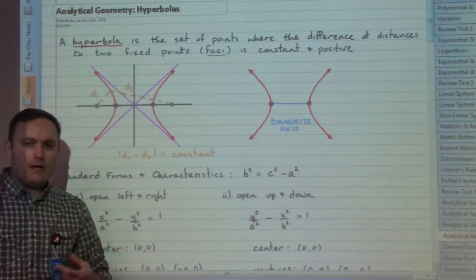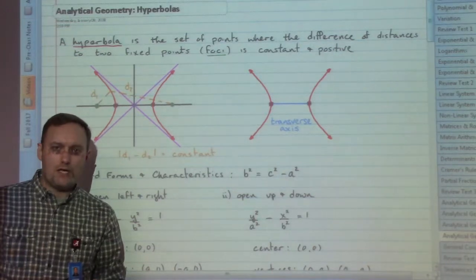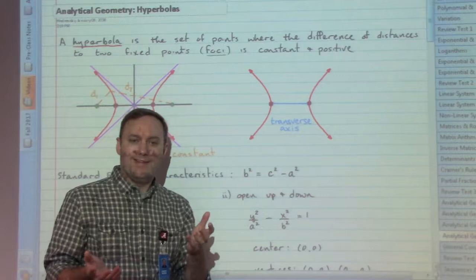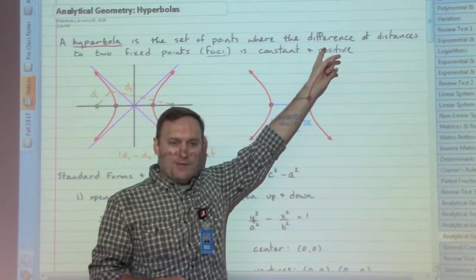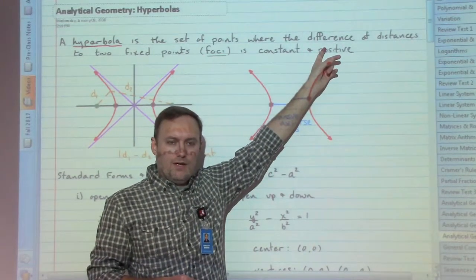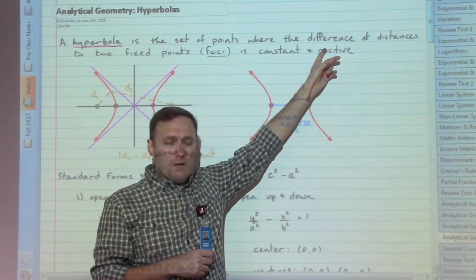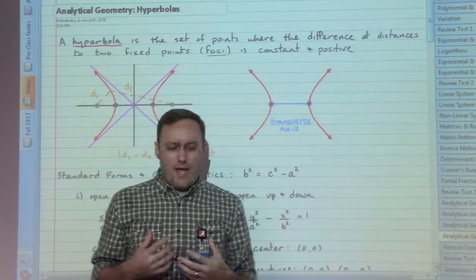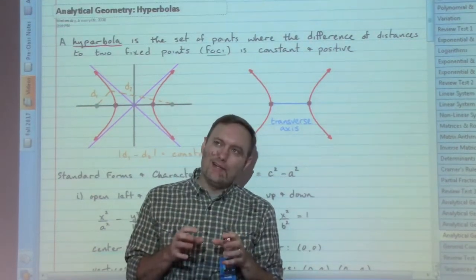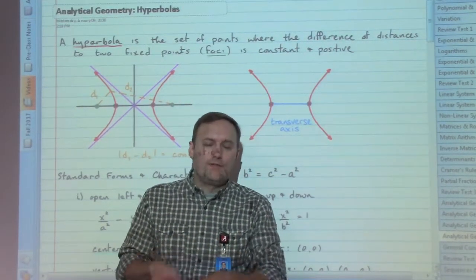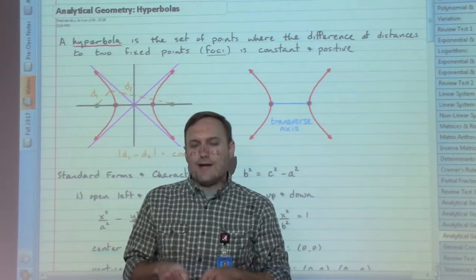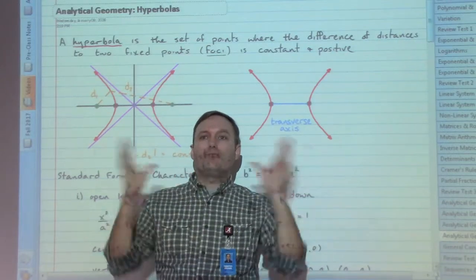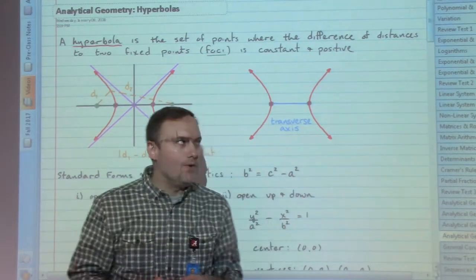So notice that there's a lot of similar wording between a hyperbola and an ellipse. The difference between a hyperbola and an ellipse is that we have a difference instead of a sum of distances. You could kind of say that if we took an ellipse like a balloon and blew that sucker up, that ellipse would just kind of explode out, right?